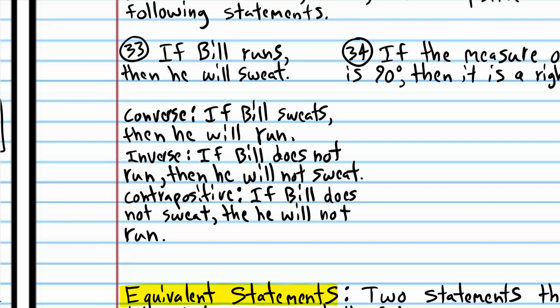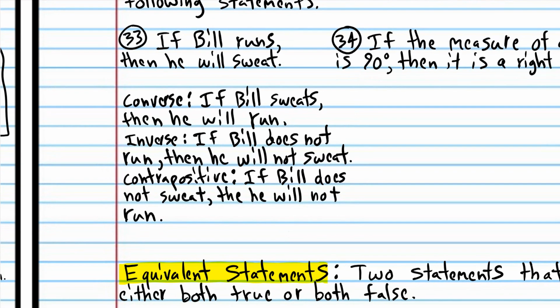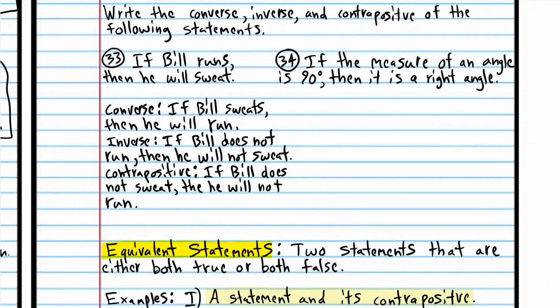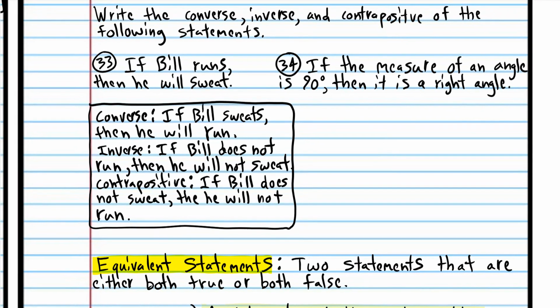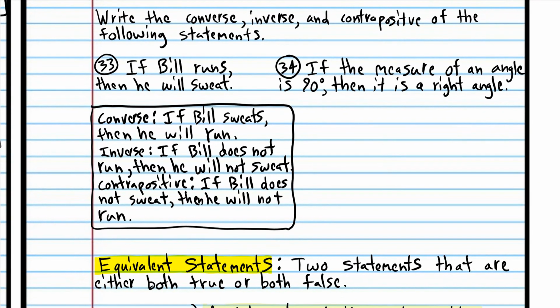Now you're probably thinking some of these don't make any sense. Well, they don't have to make sense. We're just learning how to do the converse and inverse and contrapositive. So don't worry if they don't make sense. They don't have to. I forgot to put my N there.